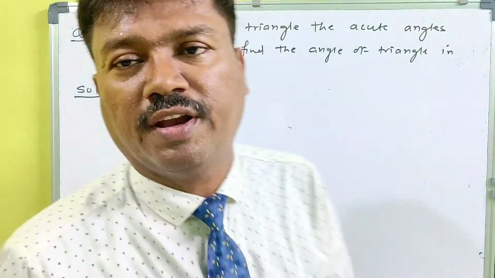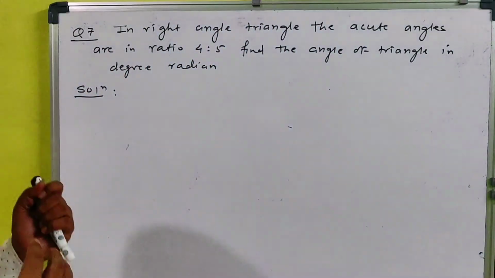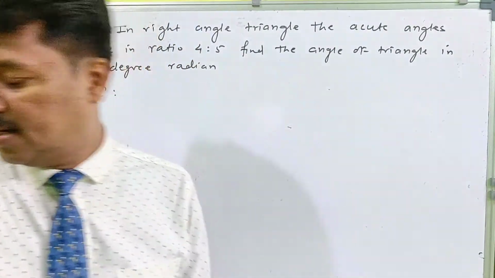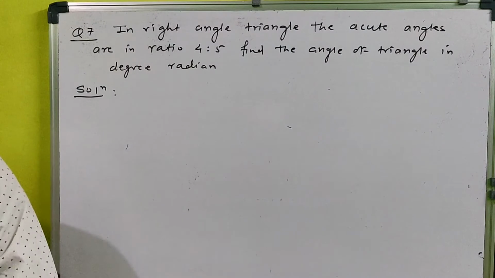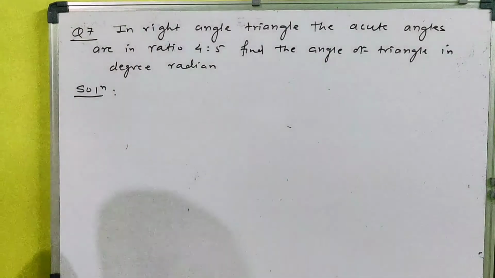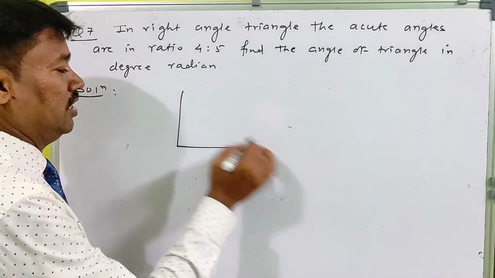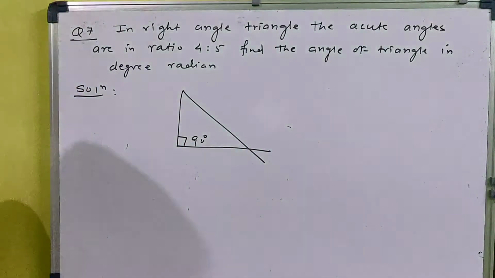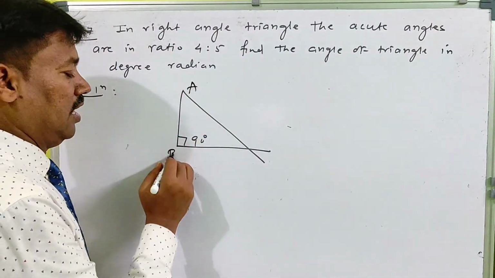So what is the property of a right angle triangle? First of all, we need to discuss the property of a right angle triangle. What is one angle in a right angle triangle? One angle is 90 degrees. We consider the three angles of this.